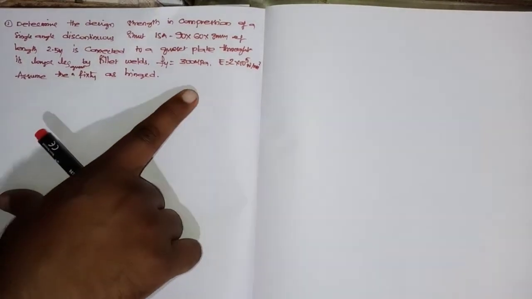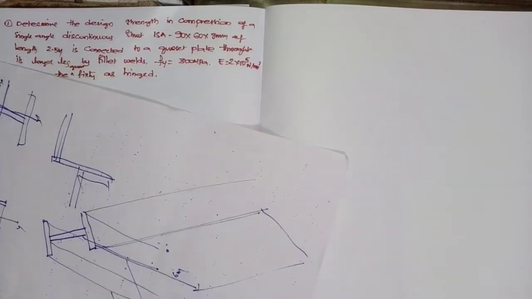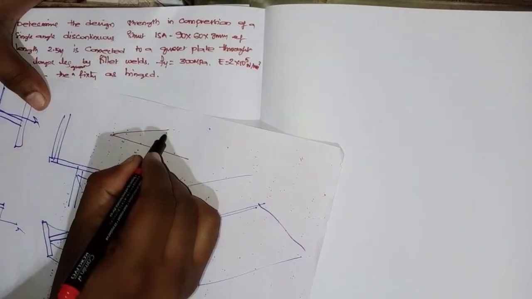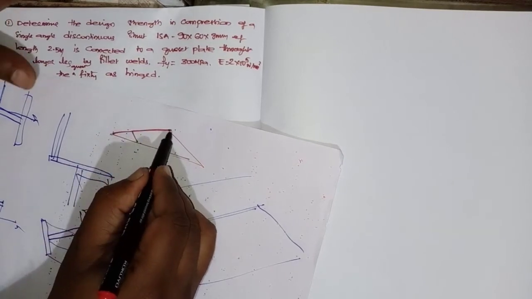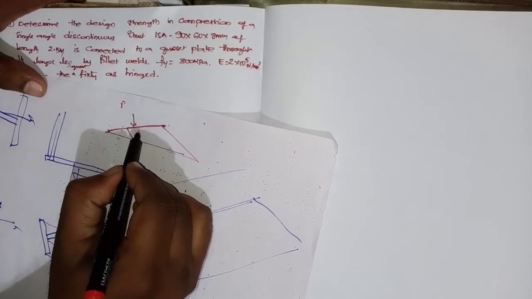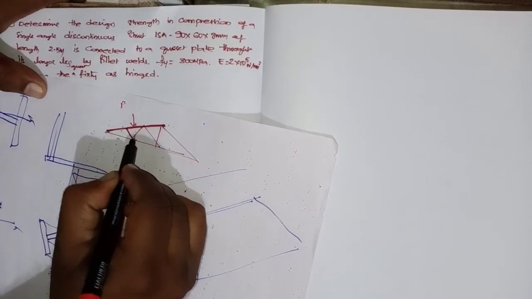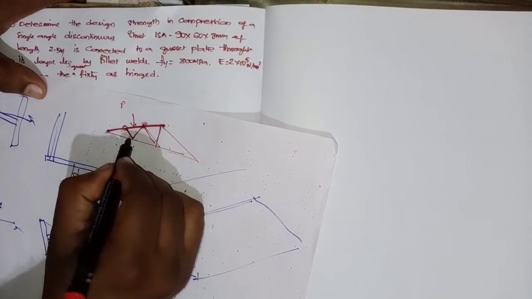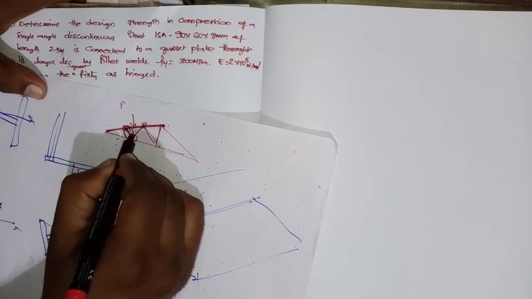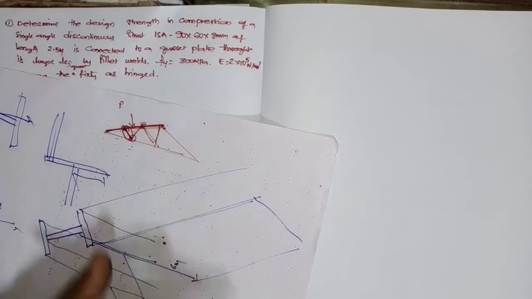Suppose if I take a truss, here is a strut and this is a principal rafter. The principal rafter is continuous with a number of supports, whereas the strut has only two supports edge to edge and no other, that is discontinuous, and the rafter is continuous.